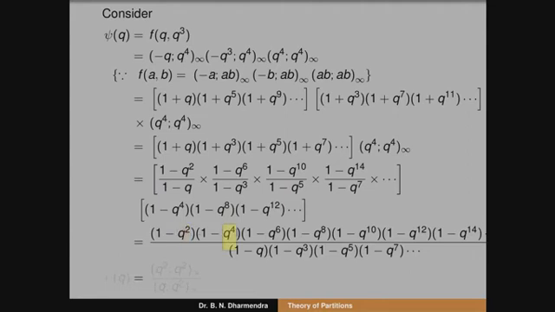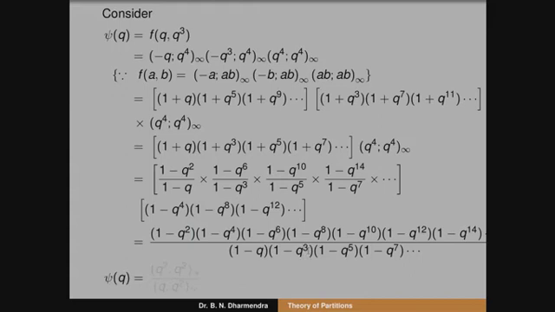Therefore the whole numerator is q square infinity. In the denominator, q is the first term and the base is q square, because q cube is the next term. So we can easily identify that the base is q square. Therefore, the denominator can be written as q square infinity.